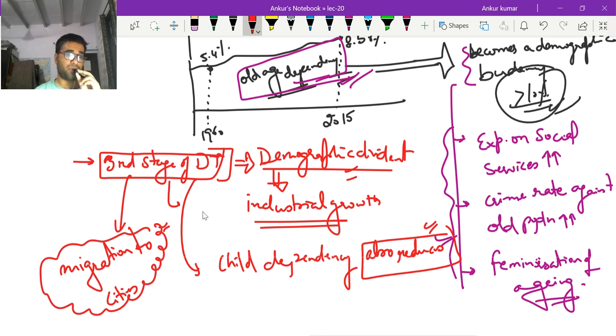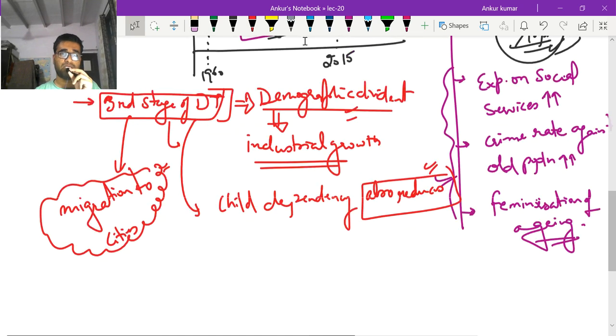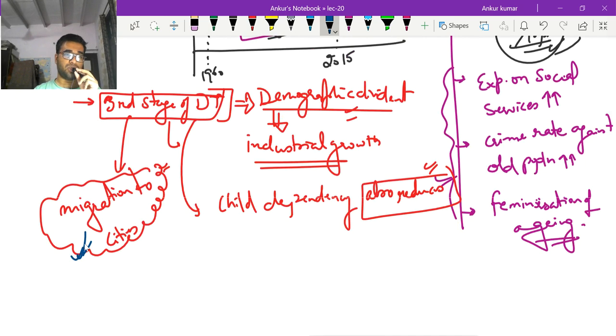However, negatives are also associated with it, because when countries enter the third stage, the aspiration level of the population increases, and because of aspiration, many citizens start migrating to the cities, because of which they jettison the rural lifestyle, and the rural areas are basically devoid of the young population.